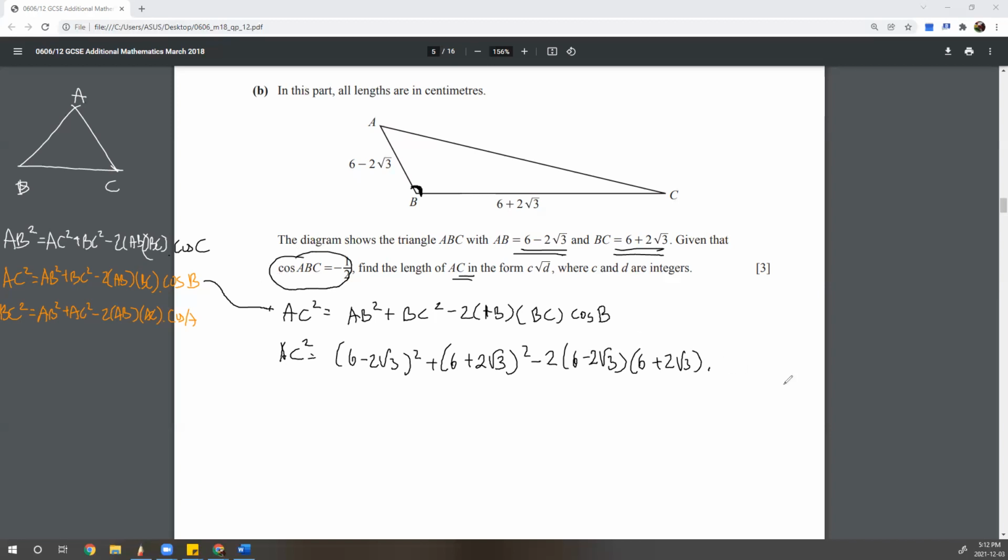Here, negative half. Why is it negative? Because it's an obtuse angle, right?